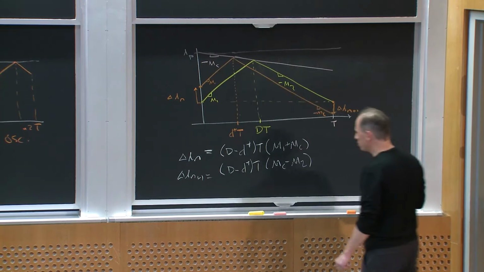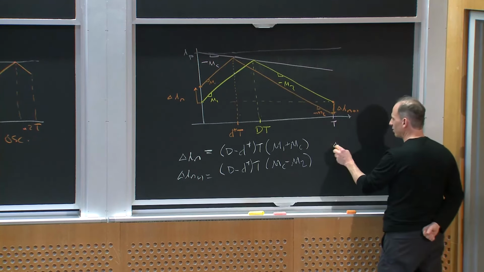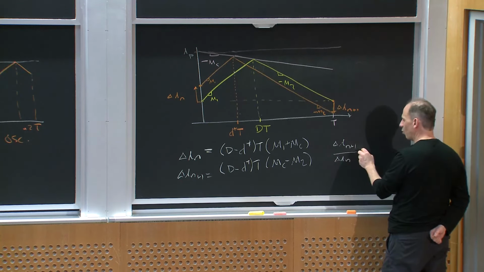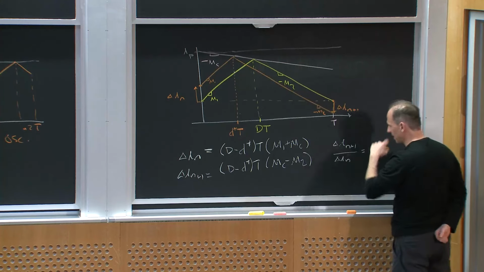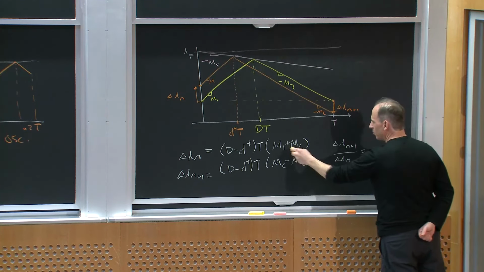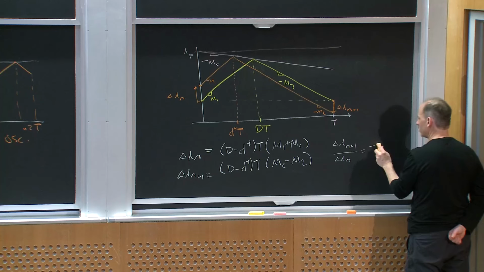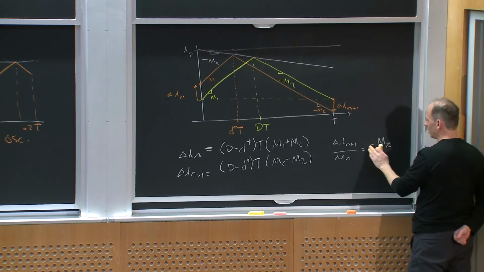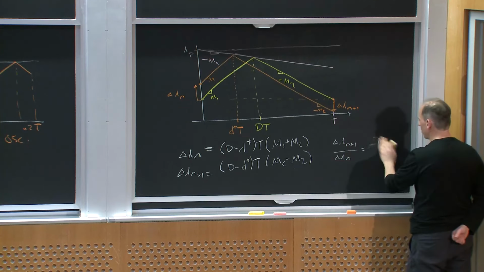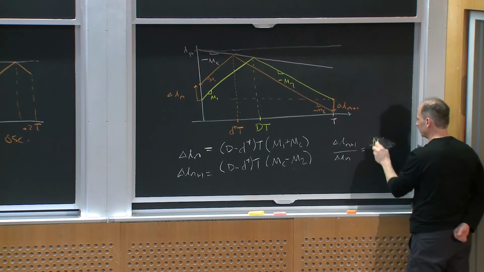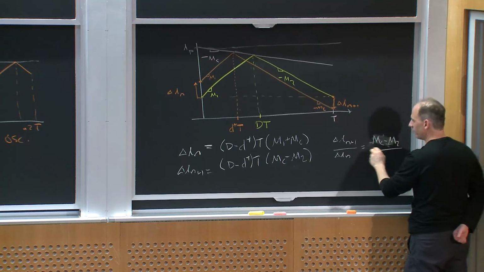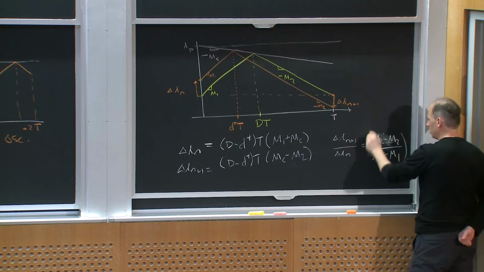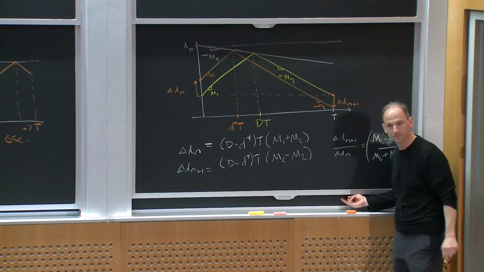So if I take the ratio of these two things, I could write delta I n plus 1 over delta I n. That's what I get in one cycle. It's just going to be this ratio, which I can write as the bottom over the top here, which is minus M2 minus MC. Actually, I'll write it this way. It's MC minus M2 divided by M1 plus MC. Okay, that makes sense to everybody?